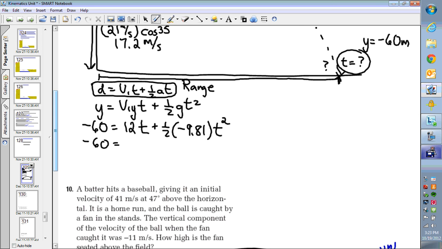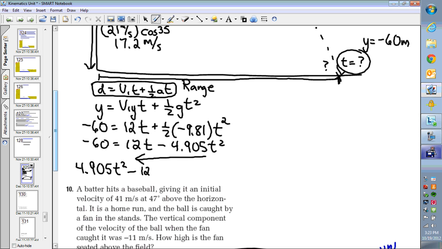Negative 60 equals 12t, and 1/2 of negative 9.81 is negative 4.905 t squared. I would take everything in this quadratic to that side and make it a positive. So you have 4.905 t squared minus 12t, subtract 60 equals 0. That's a quadratic that your grade 11 math class can solve.